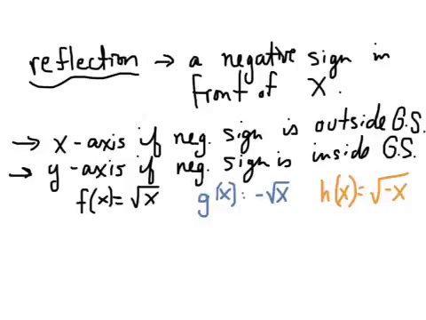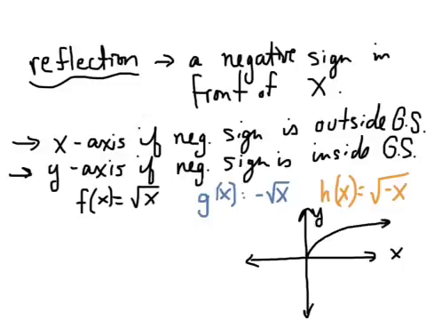Now what ends up happening is when I draw my graphs, when they flip over, let me get my graph set up here. This is the parent. And now when I flip it over the x-axis, it flips over down here. So basically what it does is with the parent, it makes a sideways parabola.